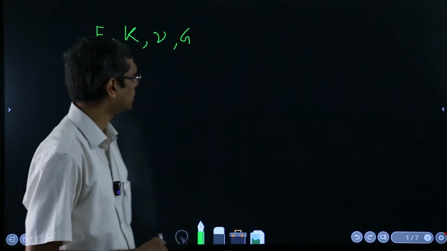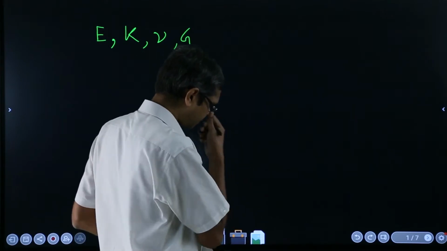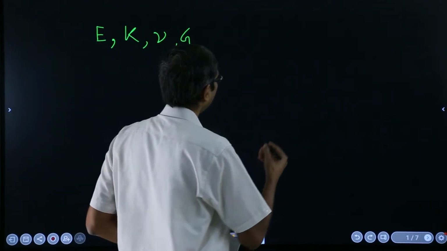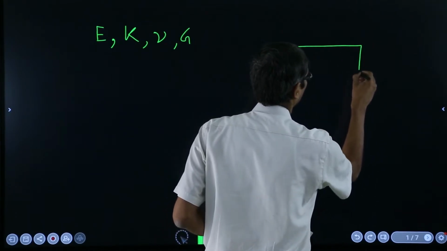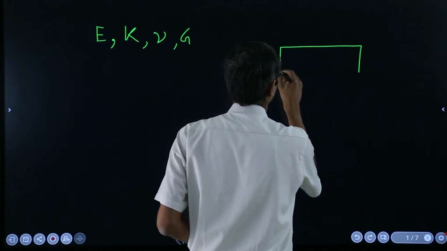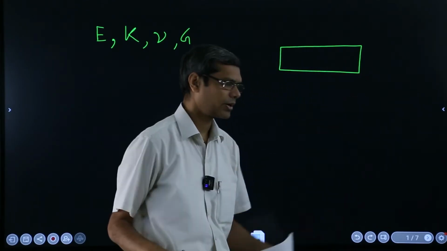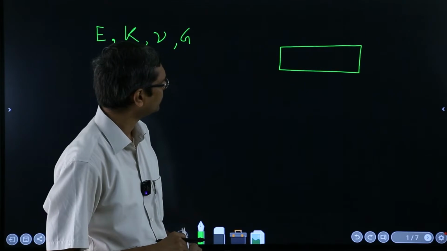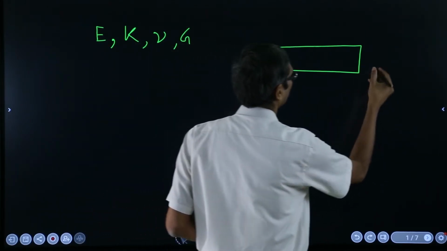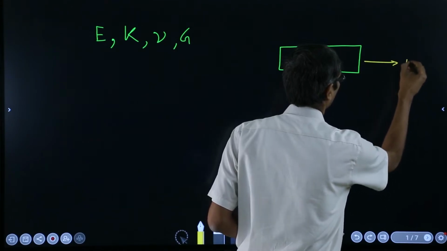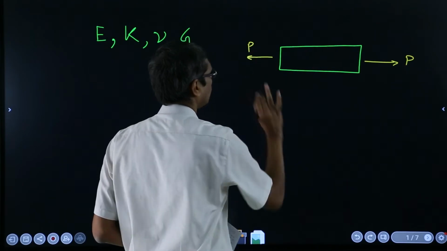problem solving concepts. Okay. Now, to start with, let us say we have a solid rod like that. Imagine this is a rectangular cuboid and you are applying an axial load of P this side and P this side, okay, the normal axial loading.